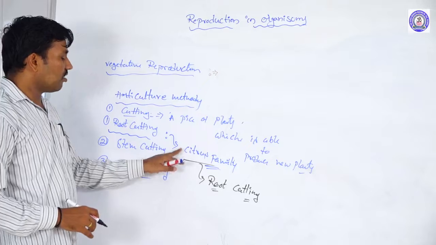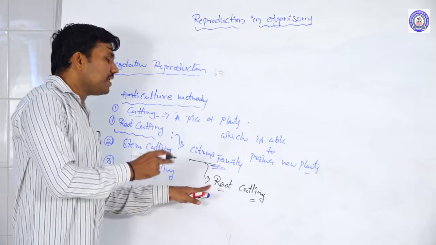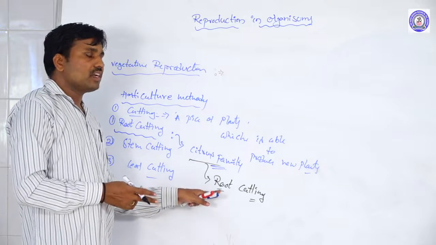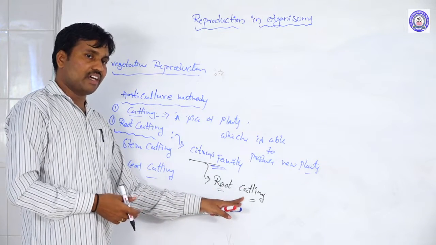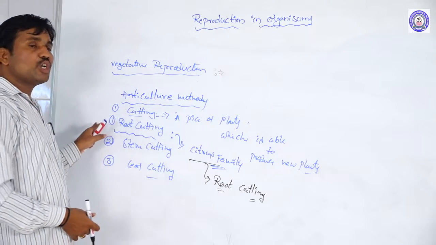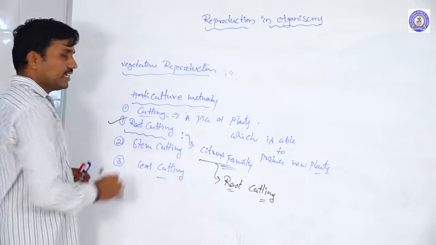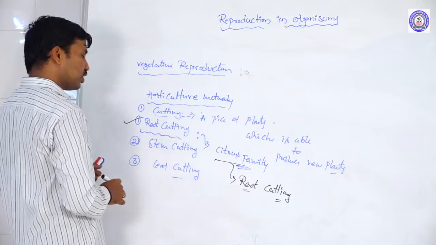In this process, a piece of the roots is separated and developed as a new plant in the horticulture method. This type of vegetative propagation is called root cutting. It is one example of vegetative propagation.